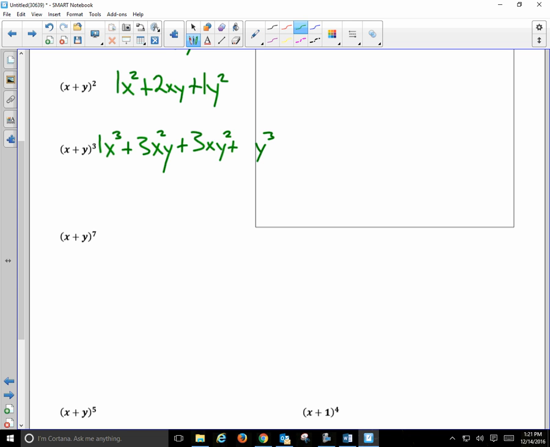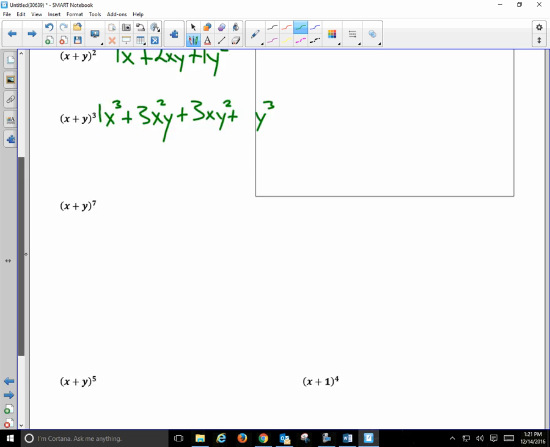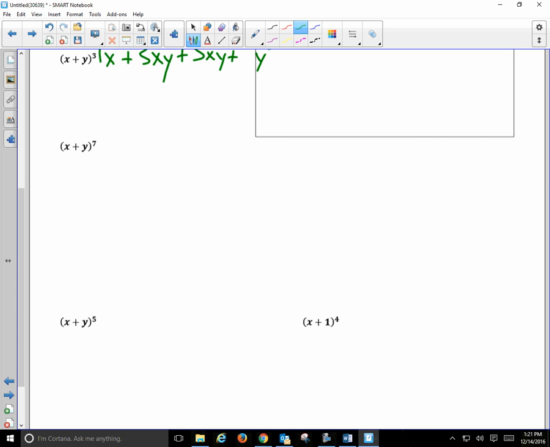So the big question is, what do we do to generate the coefficients? Because my guess is we can expand x plus y to the 7th. We know we're going to start out with x to the 7th. We may not know the next coefficient, but we know it's going to be x to the 6th, and then x to the 5th, and then x to the 4th.